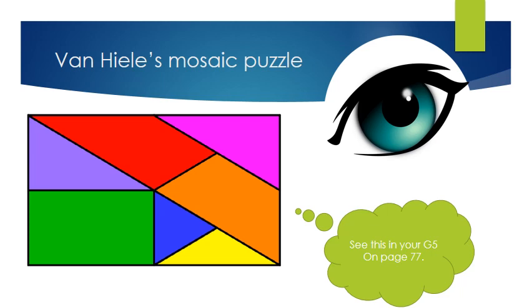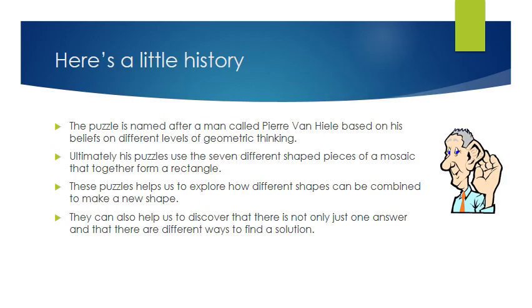Now, on the next slide, I'm going to tell you just in brief about the Hiele Mosaic puzzle. So the colorful, beautiful puzzle is named after a man called Hiele, based on his beliefs on different levels of geometric thinking.